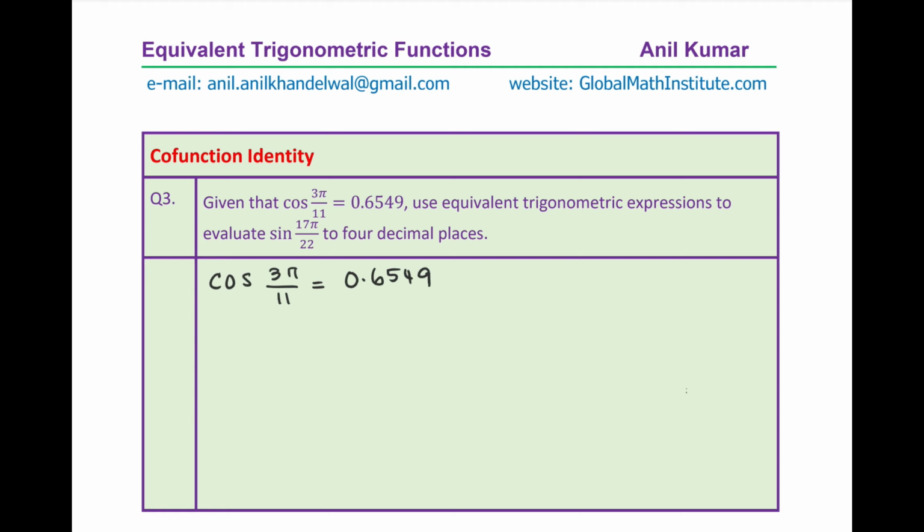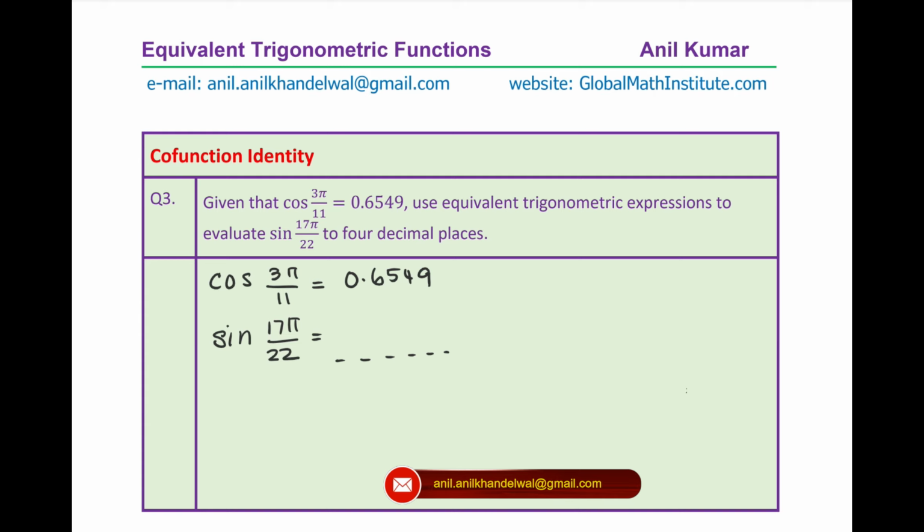We need to find the value of sine of 17 pi by 22, to 4 decimal places. That becomes our question. 17 pi by 22, sorry, not 11, 22. That is what we need to find. So how can we do that?